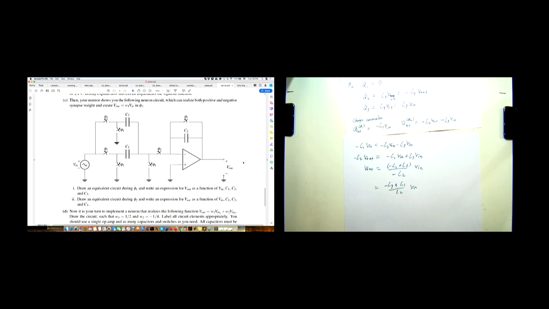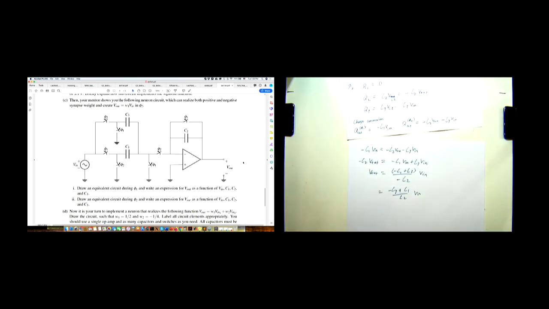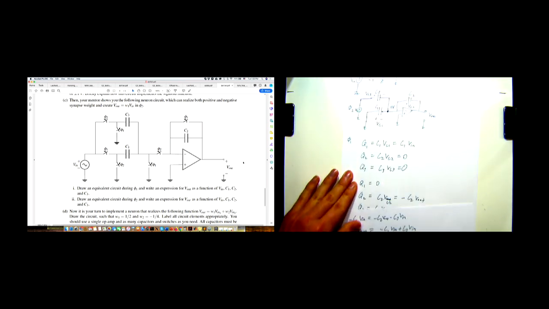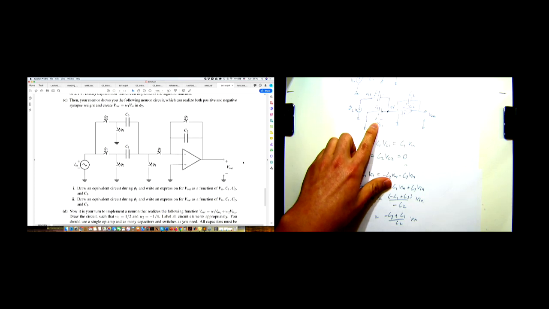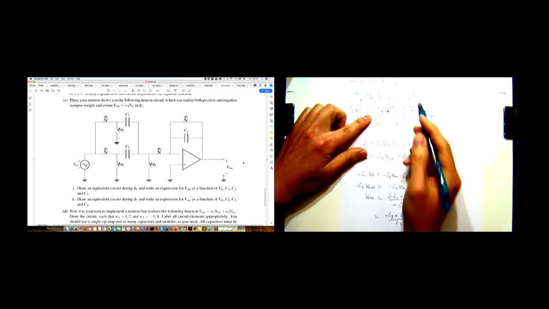Were there any questions? Keeping track of the signs is the tricky part. So we just have to, when we label the polarity, which part specifically are you referring to?